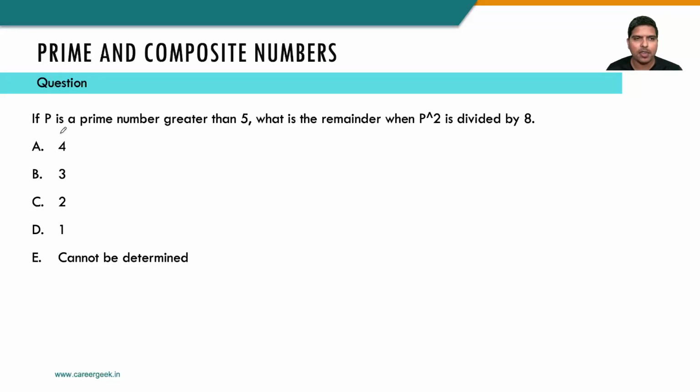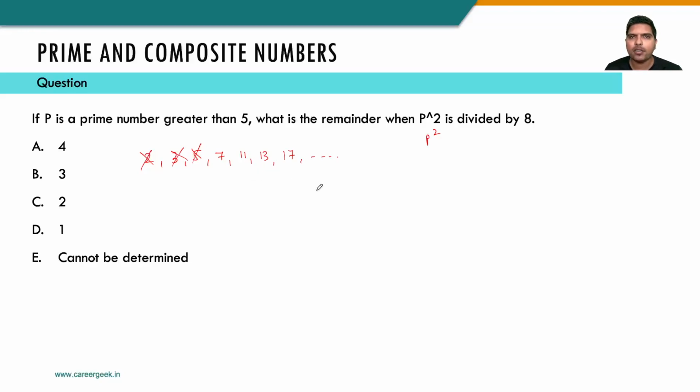P is a prime number greater than 5. What is the remainder when P square is divided by 8? So these are the prime numbers and so on. Since we are looking at prime numbers greater than 5, we'll let go of these.